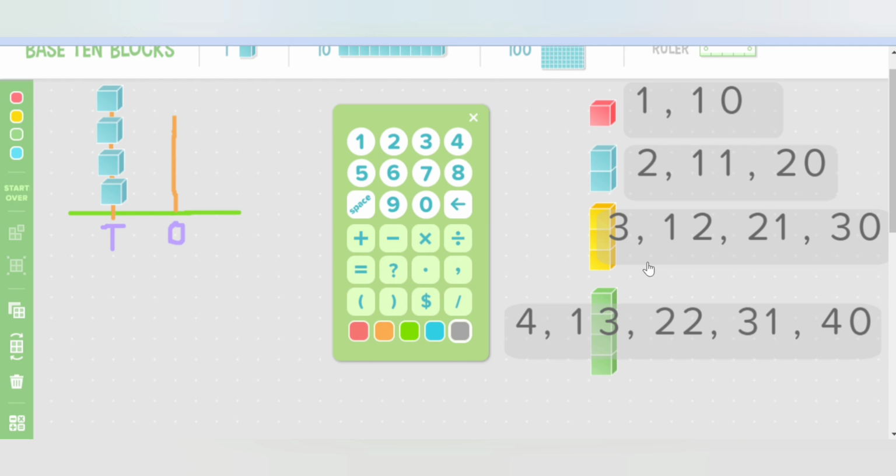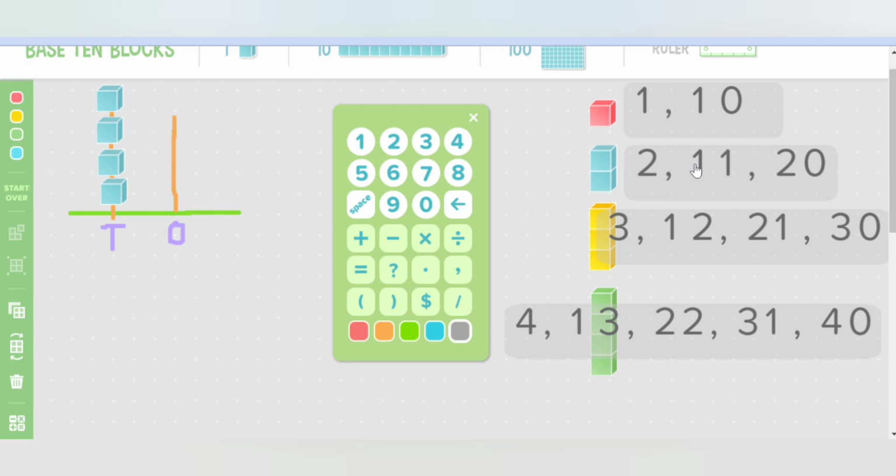You can ask your children, you can ask your students, what do you notice? A common pattern can be seen. Actually there are two common patterns. The first one is that the sum of the digits of the numbers made with the counters is always the same as the number of counters. Like with one counter, the sum of 10 is 1.